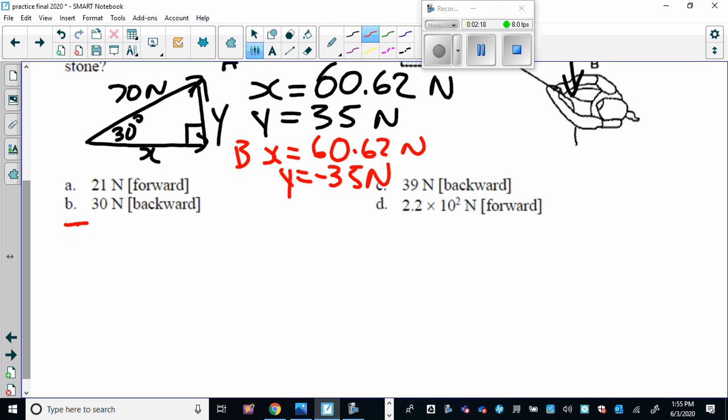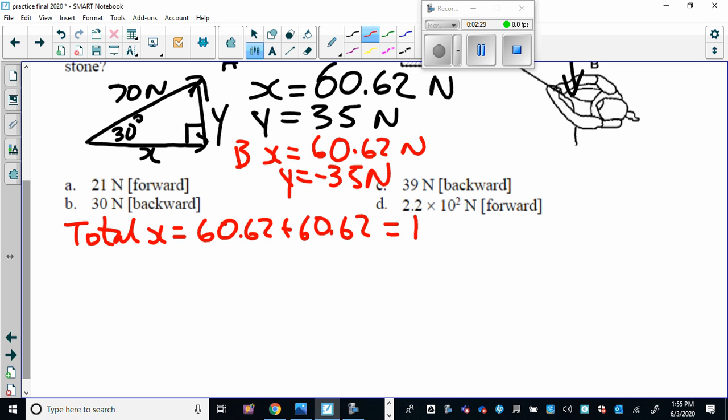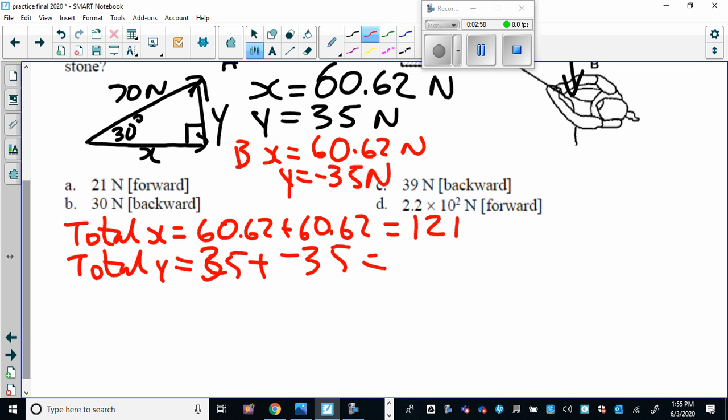So we can say that our total x is 60.62 plus 60.62, which equals, does that equal 121? And your total y equals, let's write it out, 35 plus negative 35, which is 0.